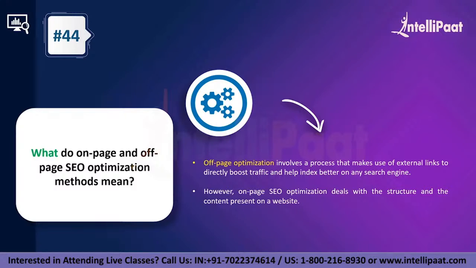So it talks about the structure of the website, the content that you have put in, the way your user experience is driven, how well and how quickly your website loads, and whether it works really well on a mobile platform. So doing everything on your page, and of course away from it, is the basic difference, as you can see from the names of off-page SEO and on-page SEO.